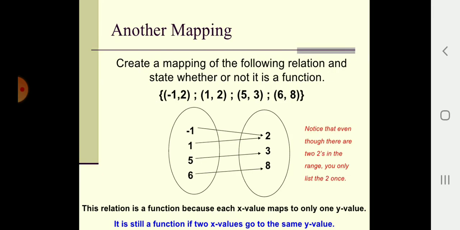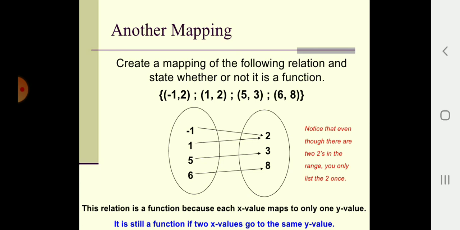So another mapping. Create a mapping of the following relation and state whether or not it is a function. (-1, 2), (1, 2), (5, 3), and (6, 8).